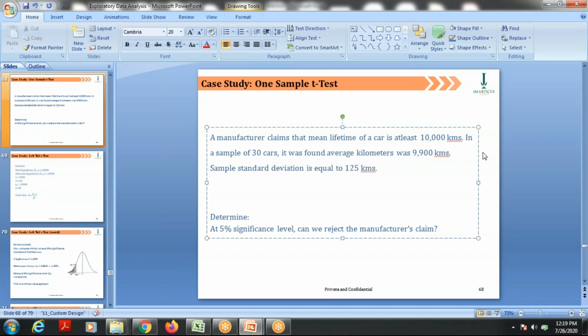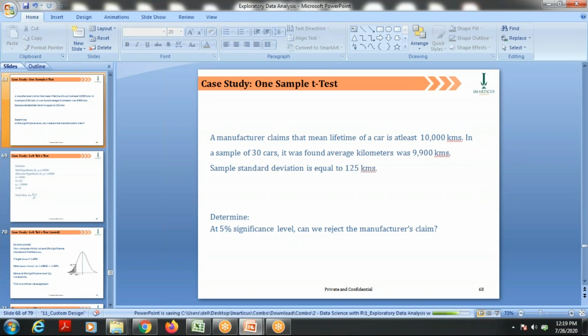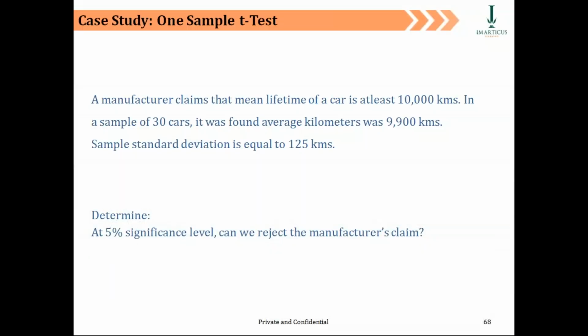So initially I thought that it is a two-tailed test, since they have given the mean lifetime, mu naught equal to 10,000. I thought it is not greater than or not equal to 10,000. So I modified it. Now I made it at least.